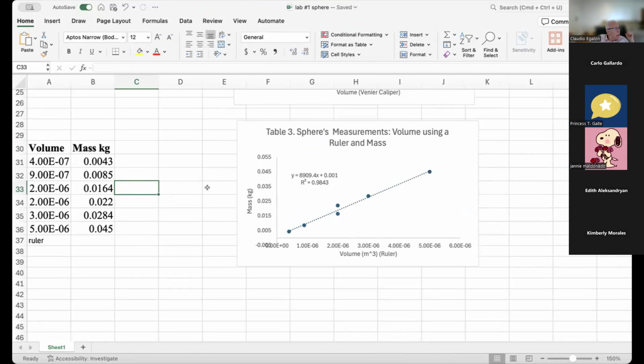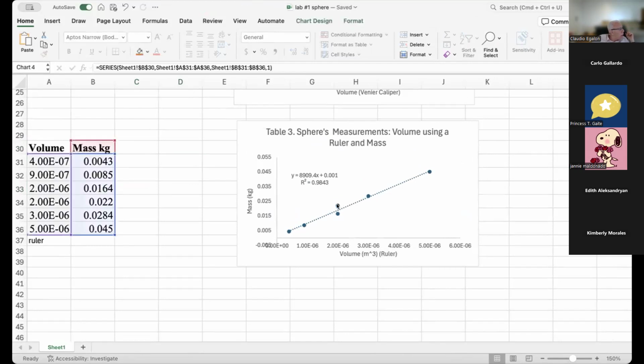So this is what I have. That's for the vernier caliper? This one is for the ruler. Let's see if we have the same numbers. It looks like we have the same numbers. Let me see one thing.